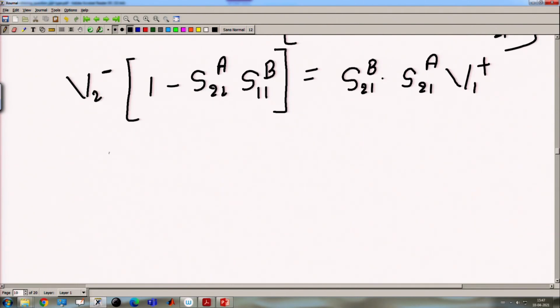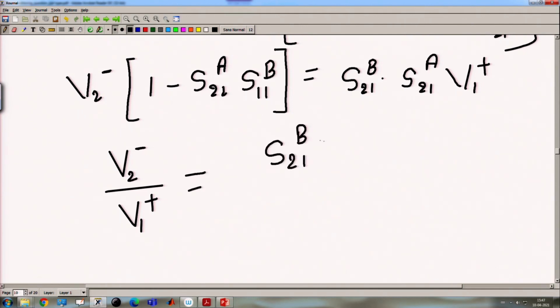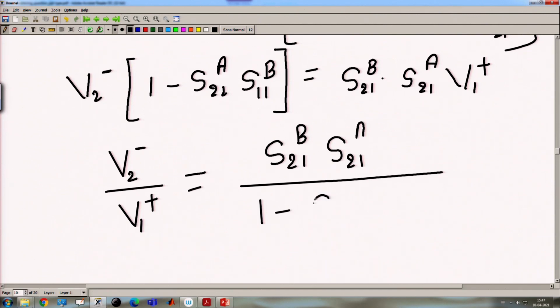From this we can write V2 minus divided with V1 plus equal to S21 B into S21 A divided with 1 minus S22 A into S11 B.